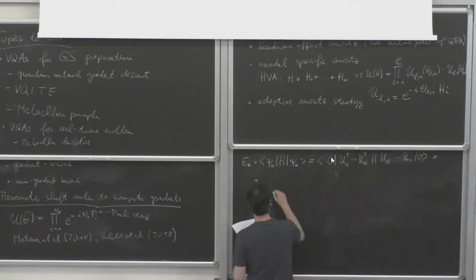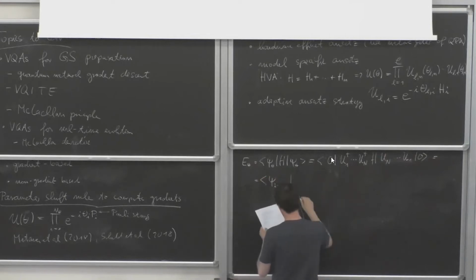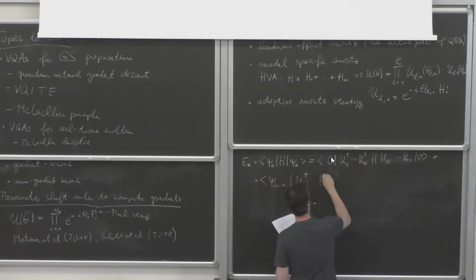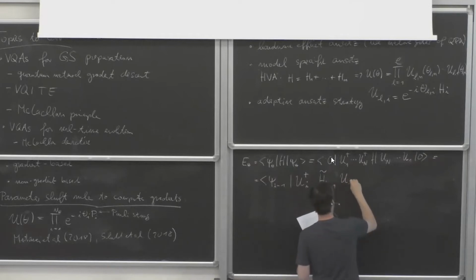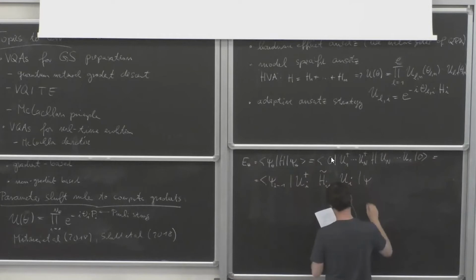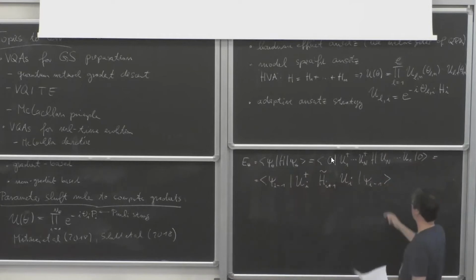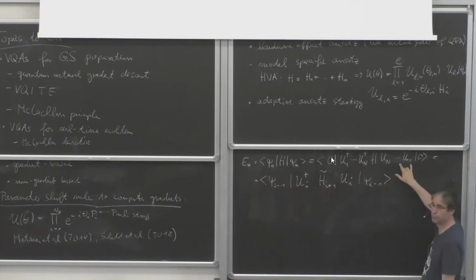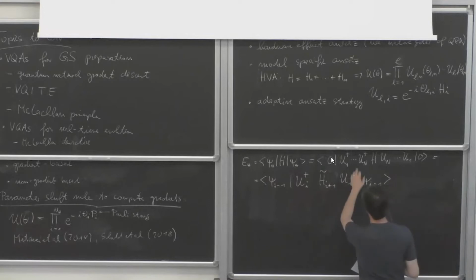Now I'm going to define a state psi_{i-1}, which I think is self-explanatory. And then I have this object H_{i+1}. So this psi_{i-1} is basically combining all the U's from 1 to i-1, and this H is combining all the U's between i+1 and n with the Hamiltonian.